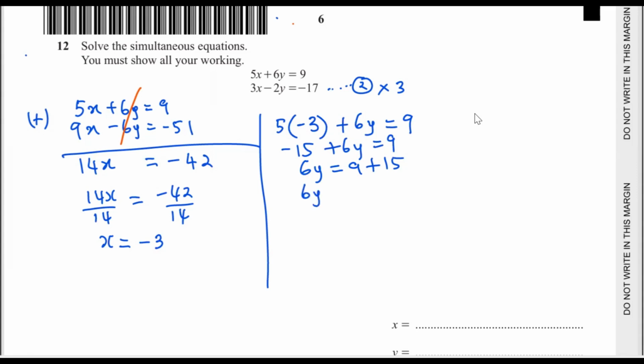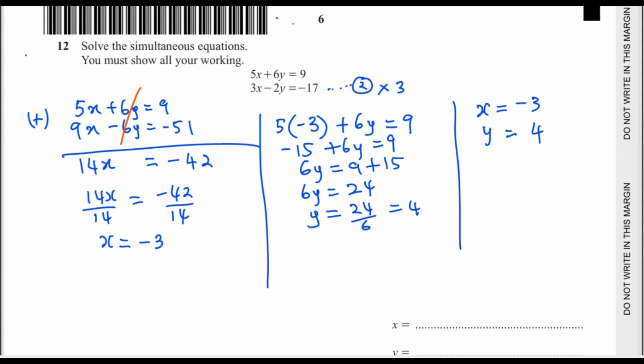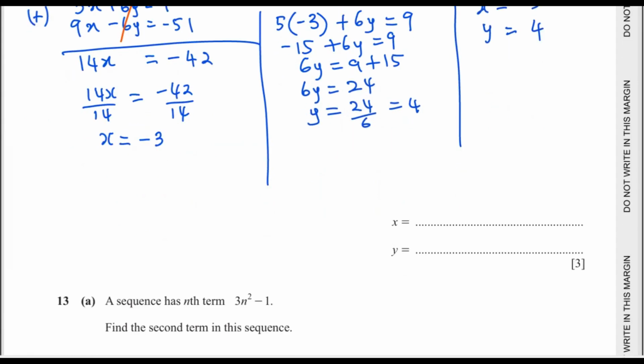So we have 6y to be 24. That gives us y to be 24 all over 6. That is 4. So here we have x to be minus 3, and we have y to be 4. And that will be the solution to this equation. We put minus 3 for x and we put 4 for y.